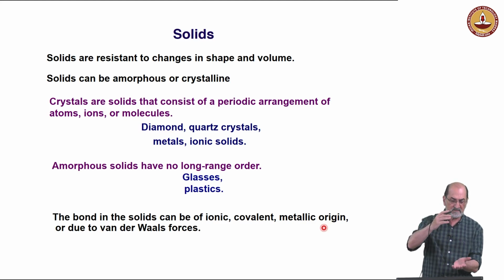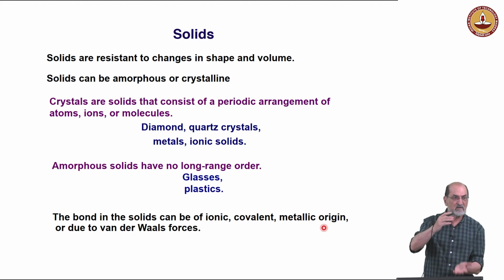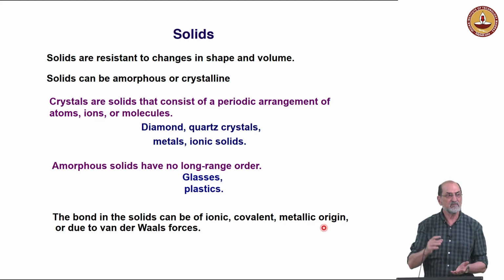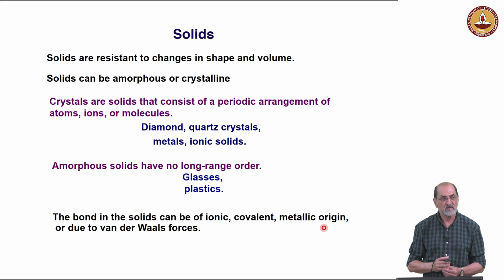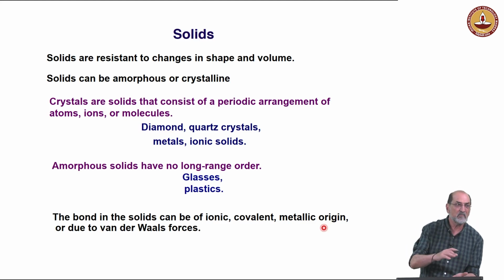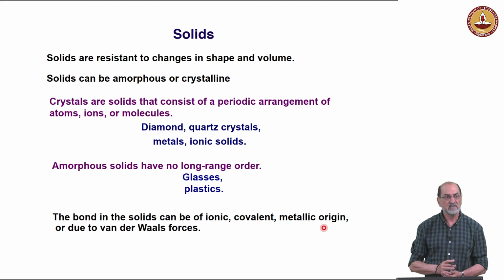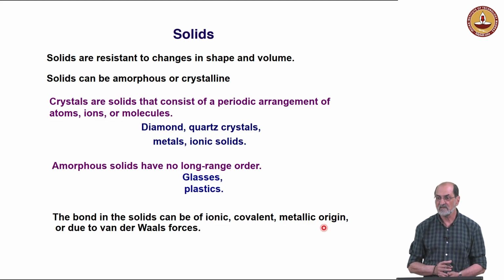We now have in the metal levels which are lower than the original levels of the separated atoms. So electrons can accommodate in the lower part of the band, and that reduces the total energy. That is called the metallic origin for the bonding in solids.